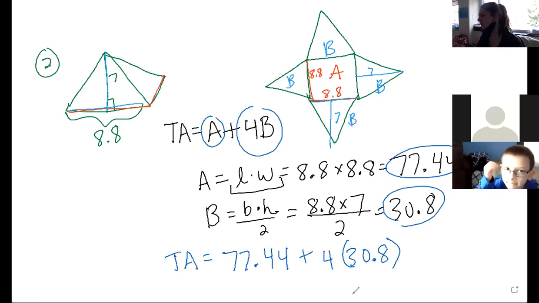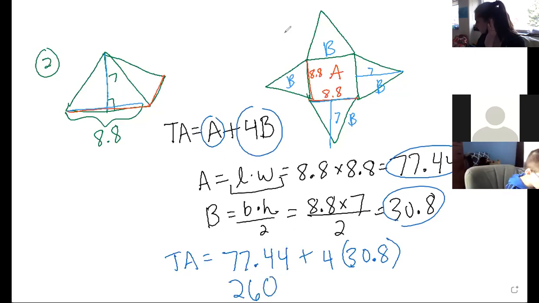So far, so good? What would the total area be if I first multiply 4 times 30.8 and then add 77.44? Lucy, what do I get? 200.64.